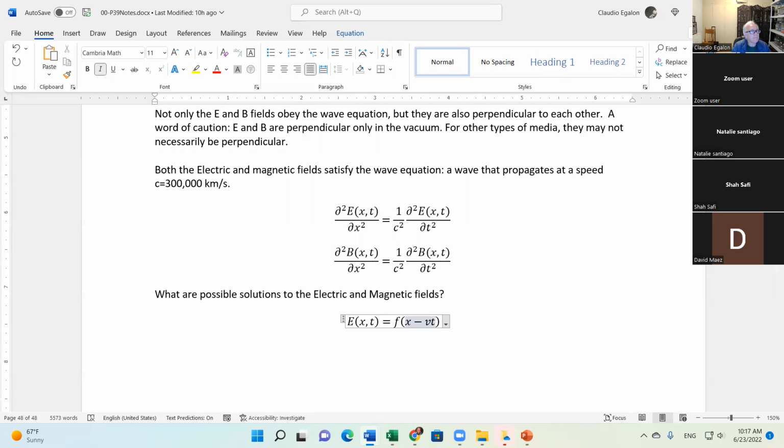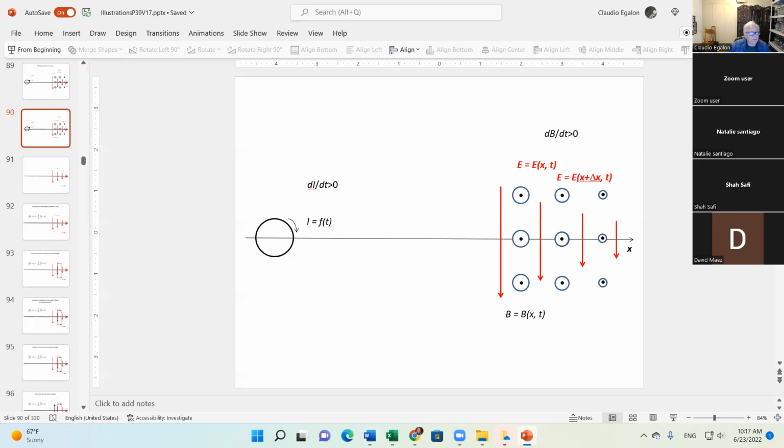That's one possible solution, and you should expect the same for the magnetic field. Maybe it's going to be a slightly different function of B, but it's still going to be x minus vt or x plus and minus vt. Let's make it more generic yet: x minus and plus vt. Minus is the forward propagated, plus is the backward propagated. It all depends on the position of the source.